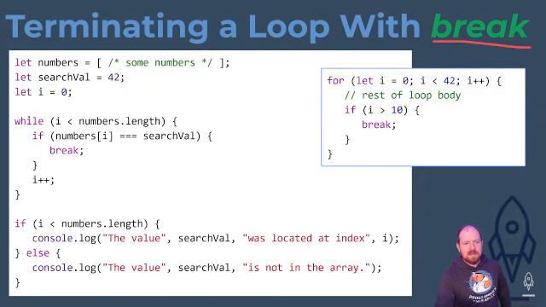Another way you can do this instead of break is to make your condition say if search equals false, and then inside here say search equals true. It's called a one-way flag, is what I've heard it called. So you set this and ask, have I found my search value?